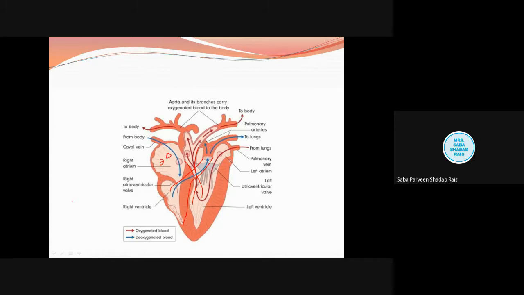Now from the right atrium, once the right atrium is completely filled, the blood will be taken inside to the right ventricle.